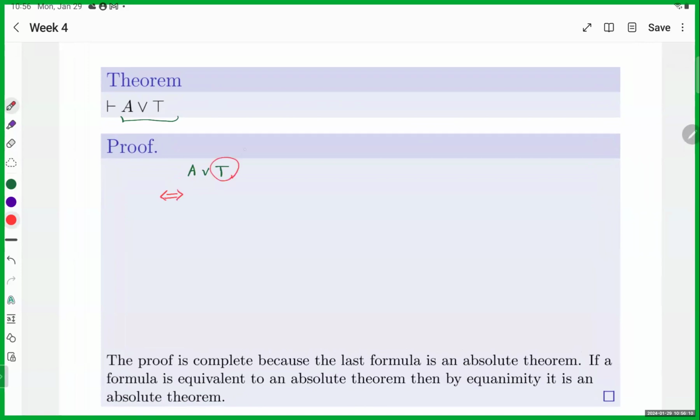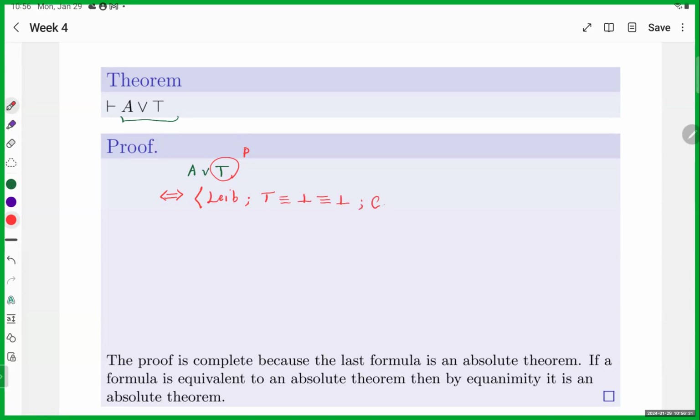So if I call this P, because I just want to substitute part of the formula, I need to apply Leibniz. I want to apply it to top is equivalent to bottom is equivalent to bottom.